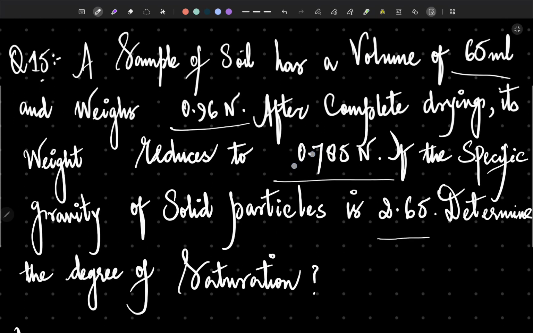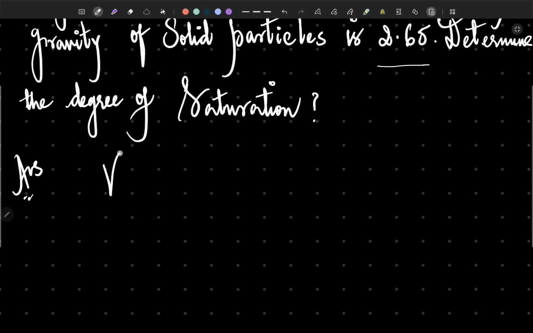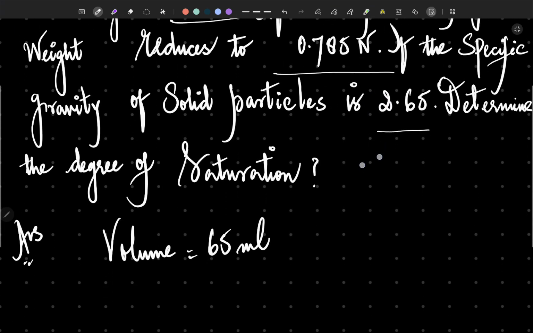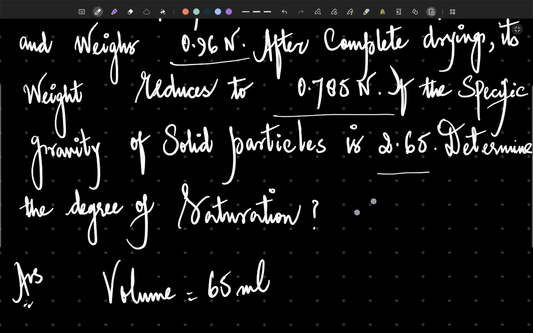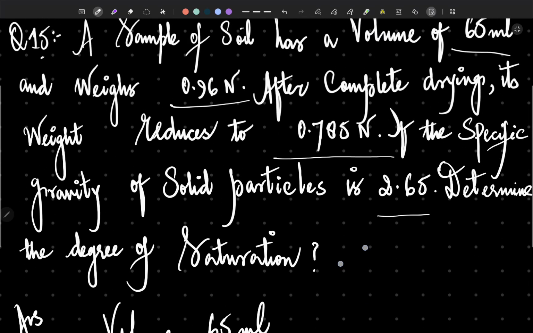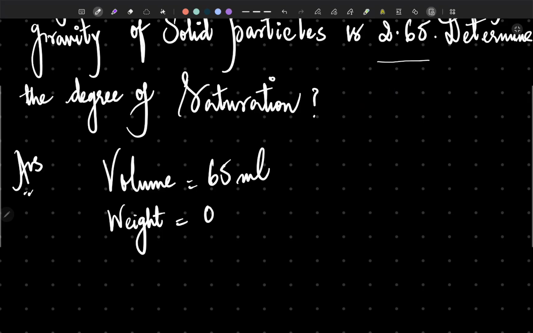All right. Volume of soil sample is 65 milliliters and it weighs how much? 0.96 newtons, bulk unit weight. This is the weight.